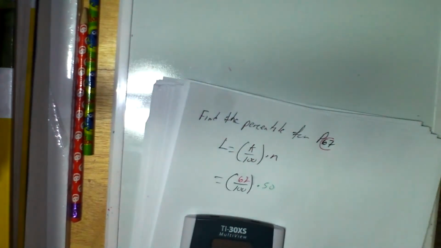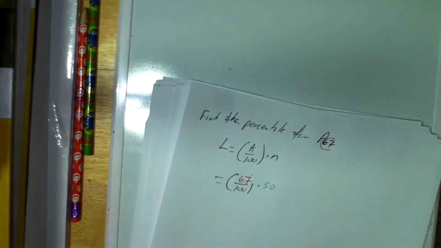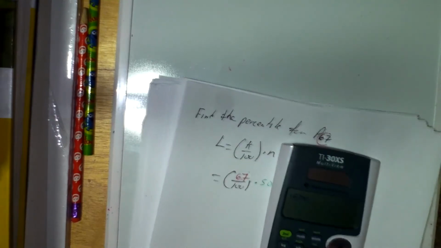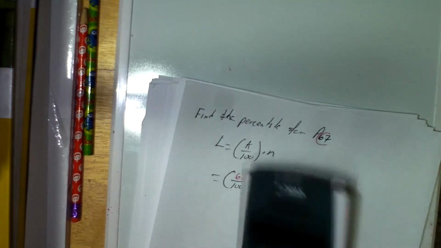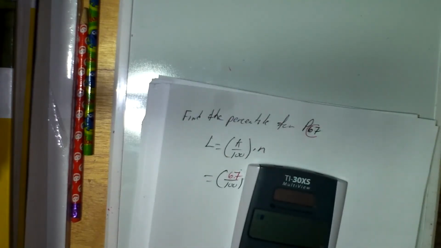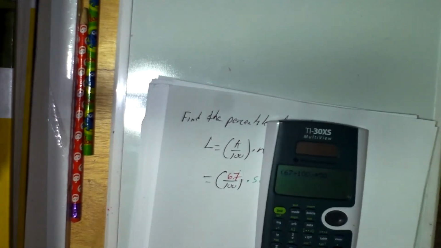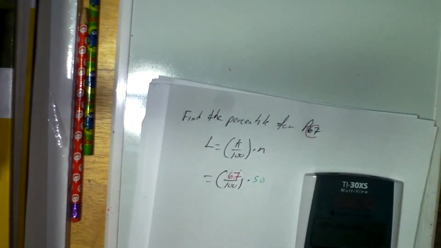I think I broke it. It doesn't matter. Okay, so here we go. Let's try it again. 67 over 100. 33.5. Bam! All right, there it is.